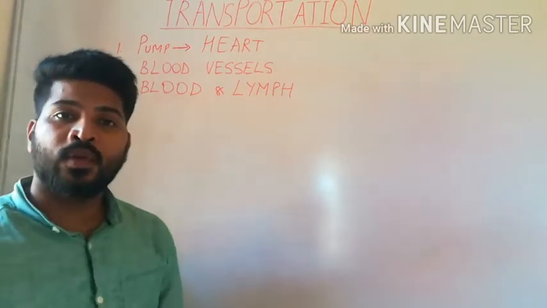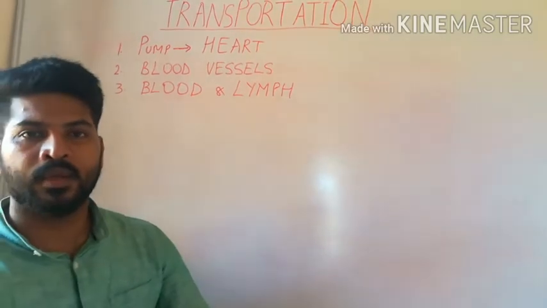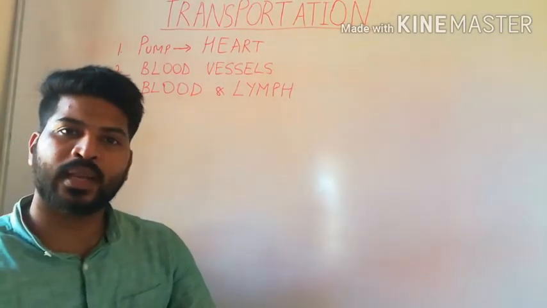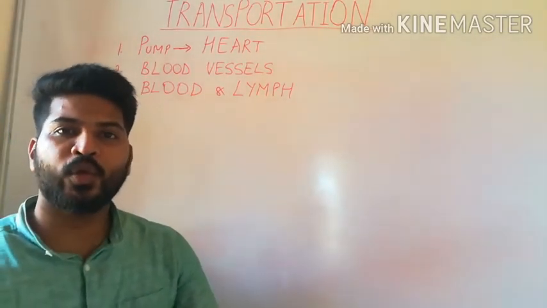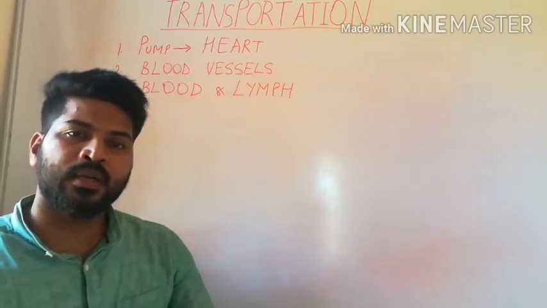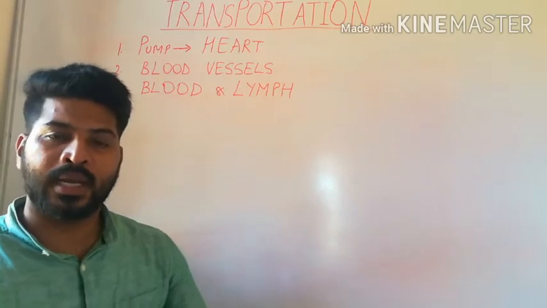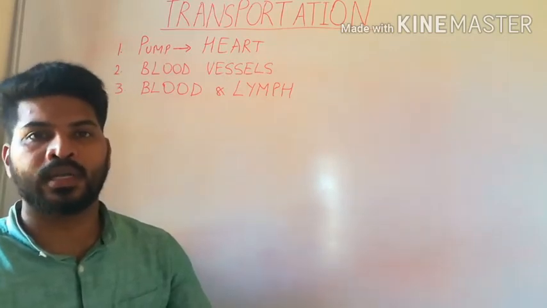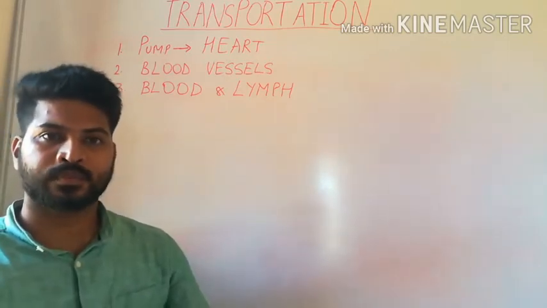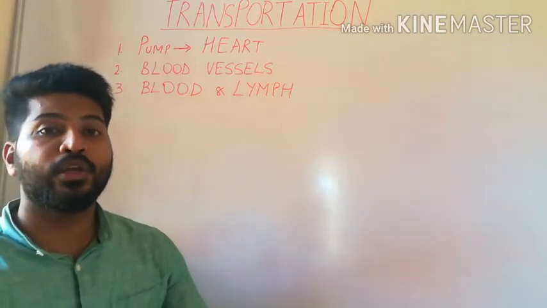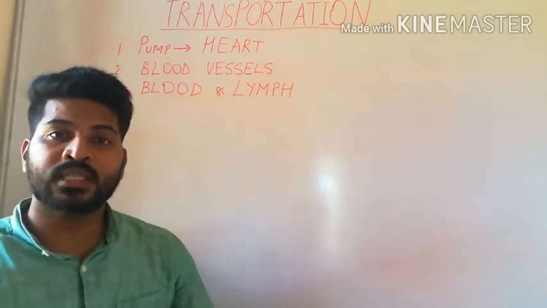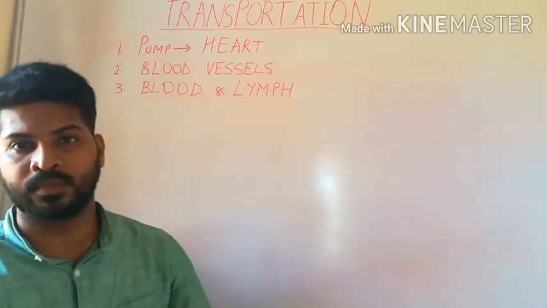In the case of animals, blood, as you know, is known as the fluid connective tissue. Blood connects all the different cells in the body. Blood is the medium through which water is transported, oxygen is transported, nutrients are transported, waste products are also transported.